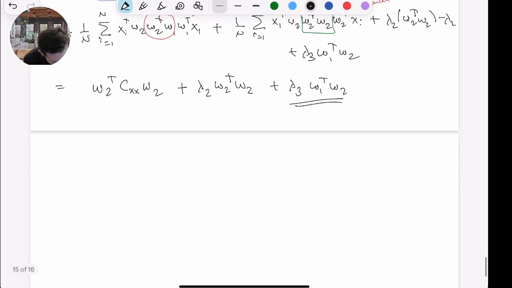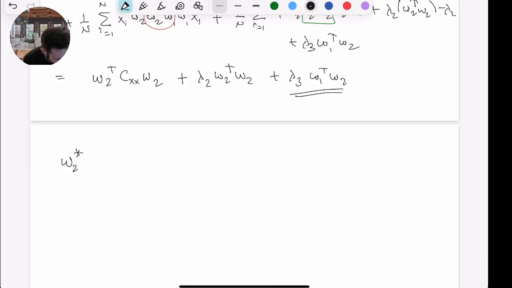So W2 star is then at the optima of this cost function, which also minimizes the reconstruction error of this new dimension that's introduced. That's also unit variance, orthogonal to the first direction, which was the best direction that minimizes the error, which was the eigenvector that corresponded to the largest eigenvalue of the covariance matrix, right?